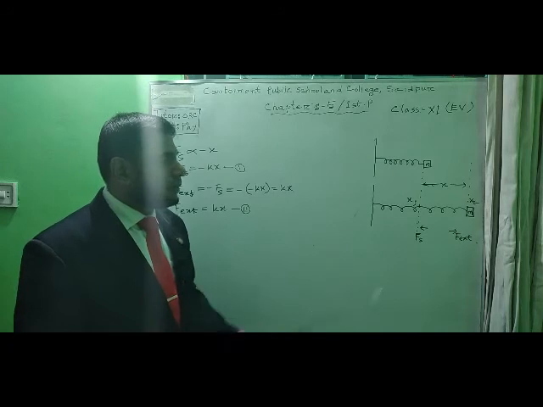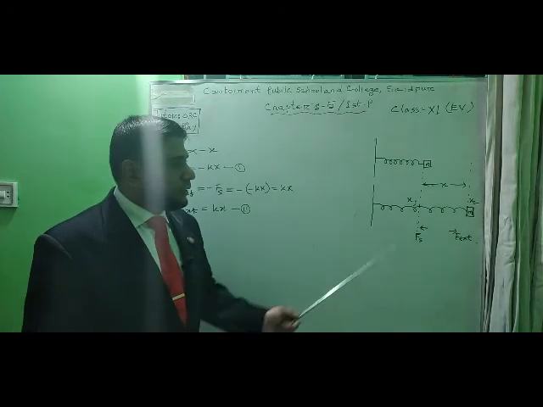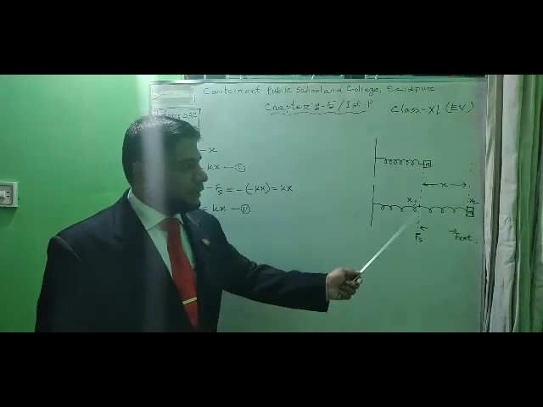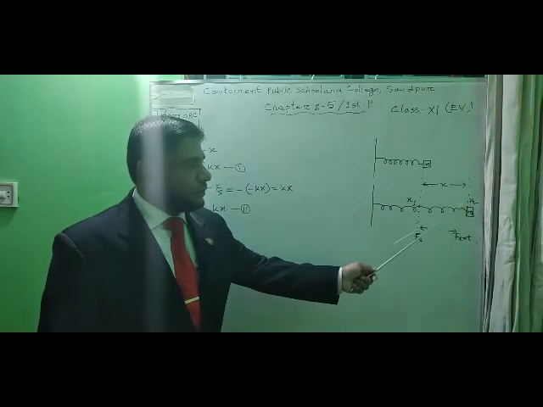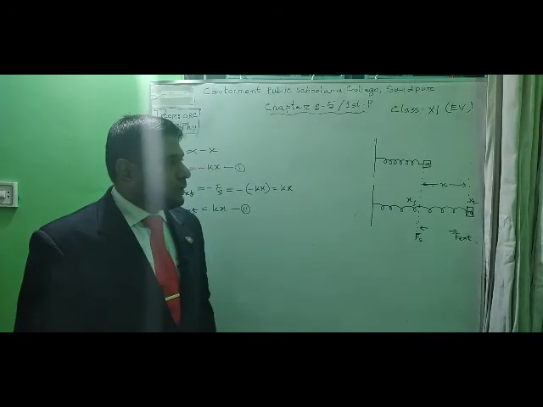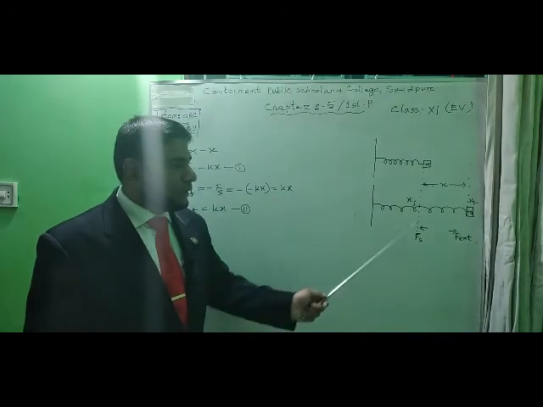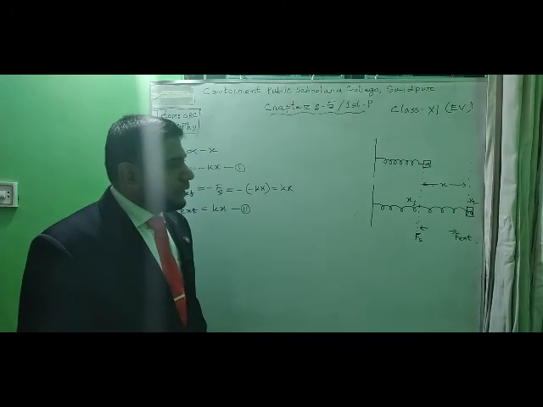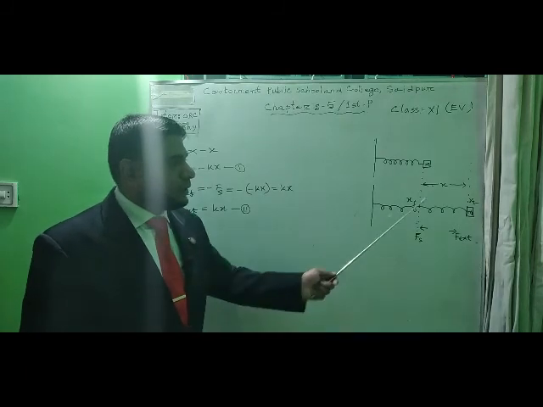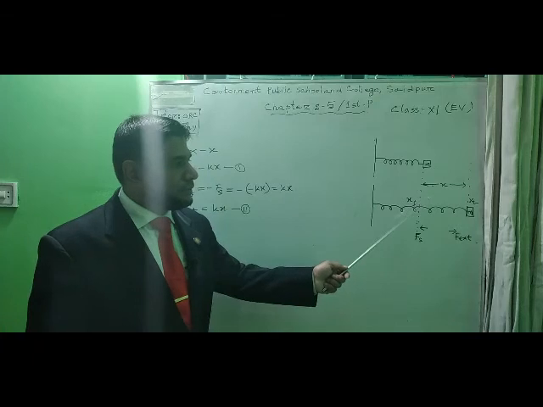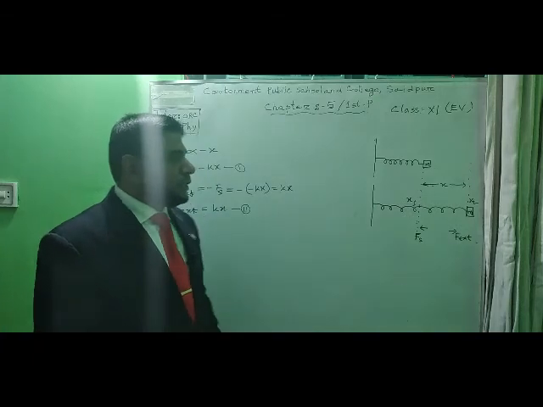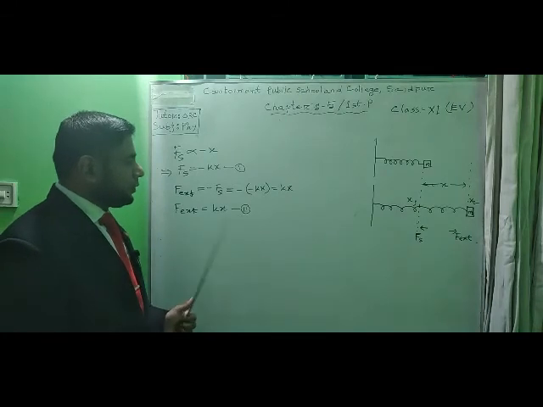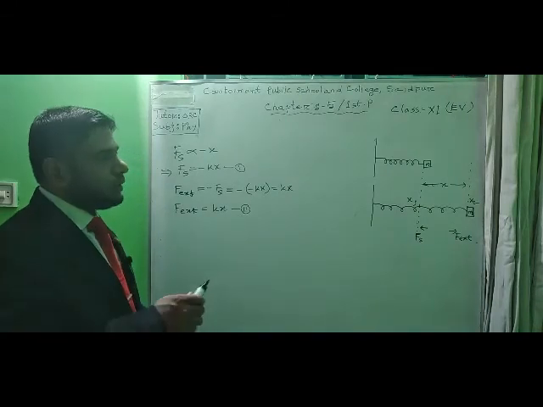Suppose the initial position of the spring was x1 and after expanding the final position was x2. Within this limit, if we integrate, we get the total work for the expansion of the spring.